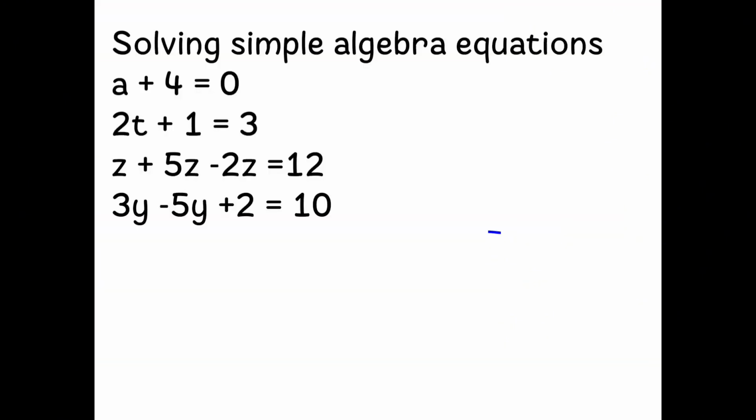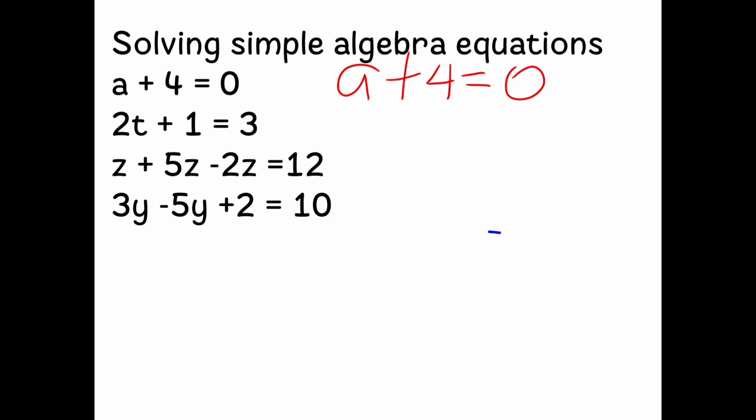Now let's look at how to solve some simple algebra equations. The first question here is a plus 4 equals 0, right? So here you would notice that we have a, we have 4, and we have 0, right?